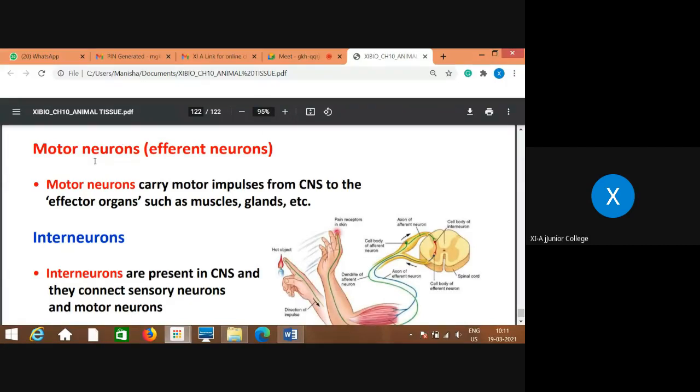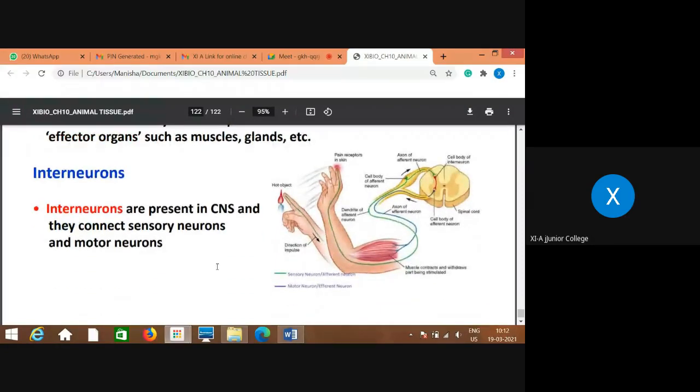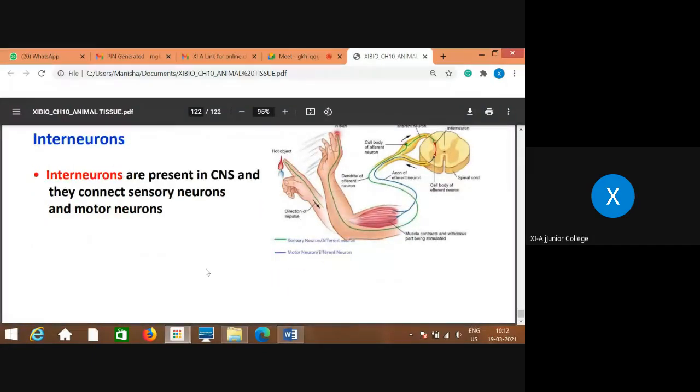So effector neurons or motor neurons are considered to carry impulses away from the central nervous system to the effector organs such as muscles, glands, etc. And the third category is interneurons. They are present in the central nervous system and they connect sensory neurons and motor neurons.